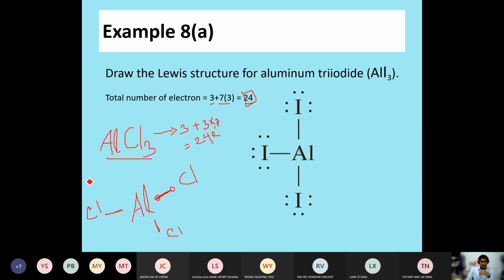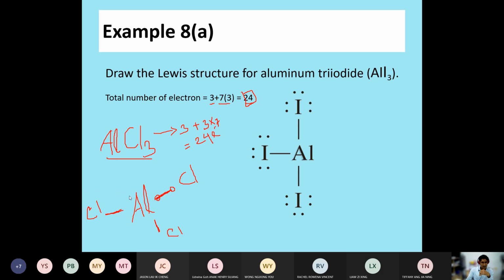So what about the other electrons? Now we have these 2 electrons already. These 2 electrons are shared by chlorine and aluminium both. So these 2 electrons here, I cannot have any other.